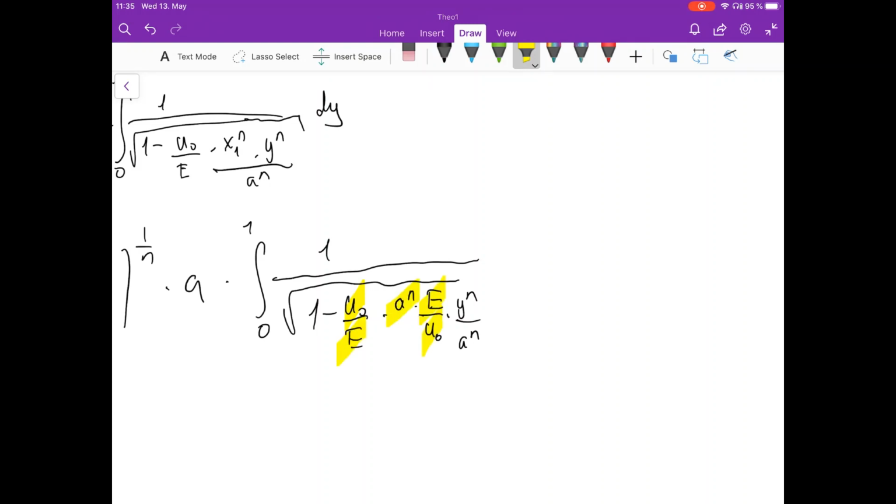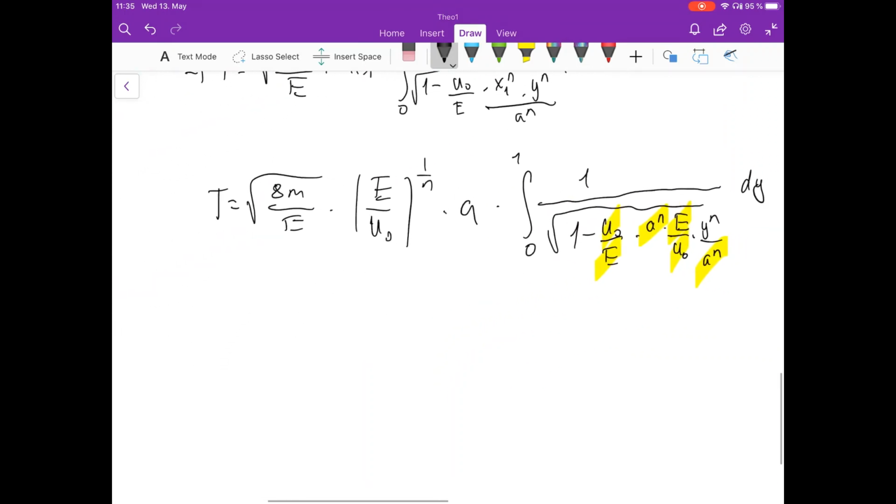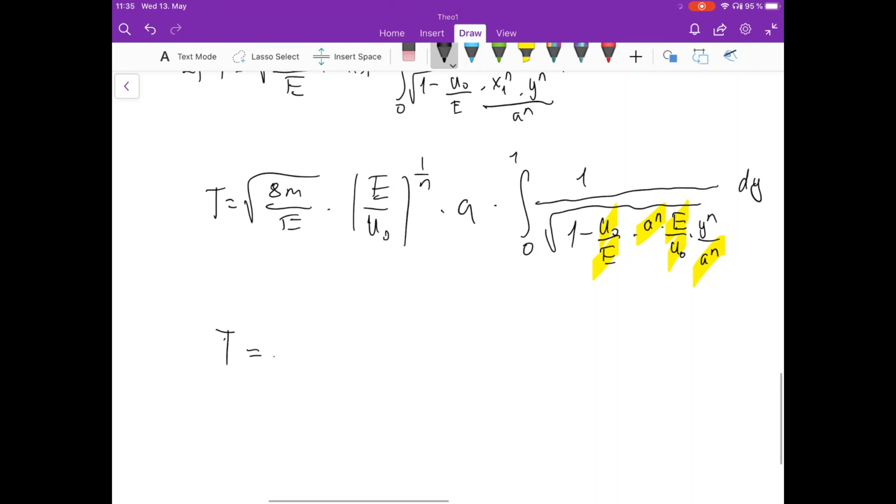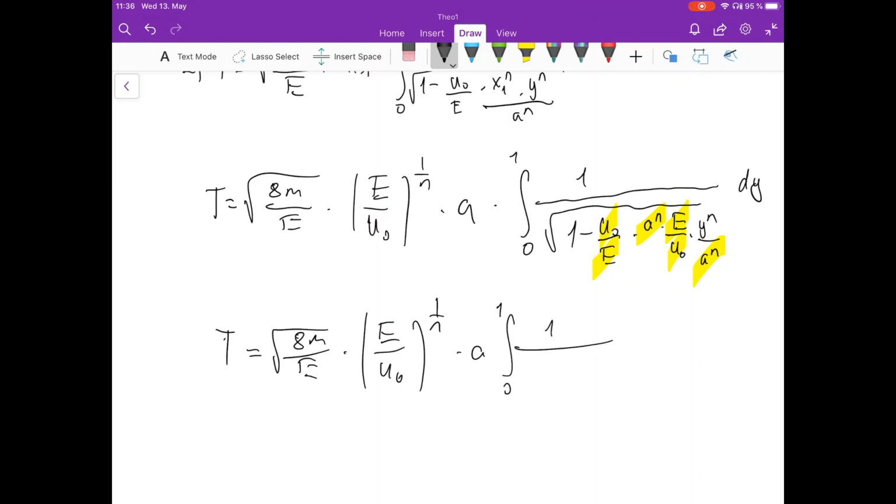And look at this: u null, e, a to the power n, a to the power n cancel. Perfect, and also not forgetting dy. So now I can write down t as the square root of 8m divided by e times E divided by u null to the power 1 over n times a, and the integral from 0 to 1 of 1 divided by the square root of 1 minus y to the n dy. And this is pretty much what we were looking for.